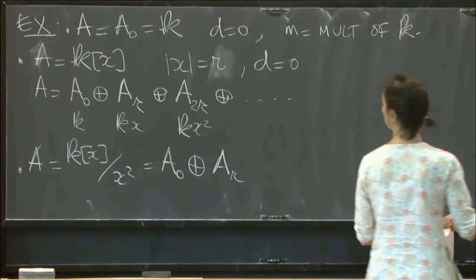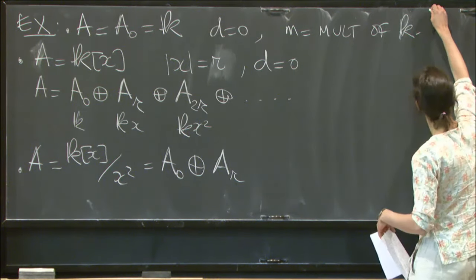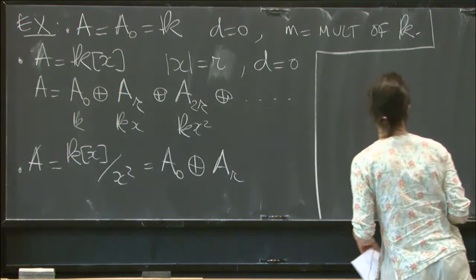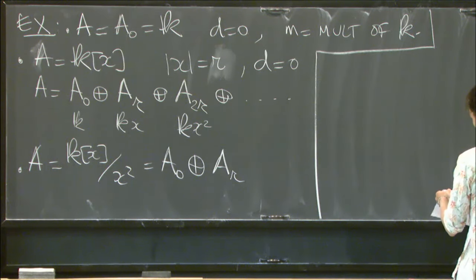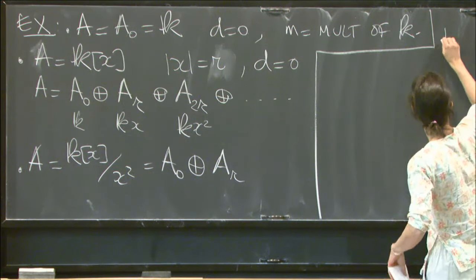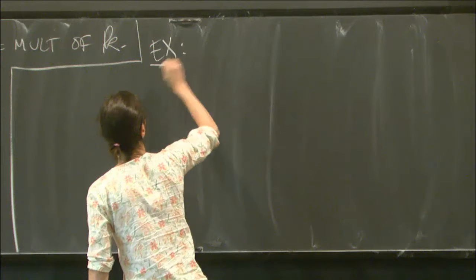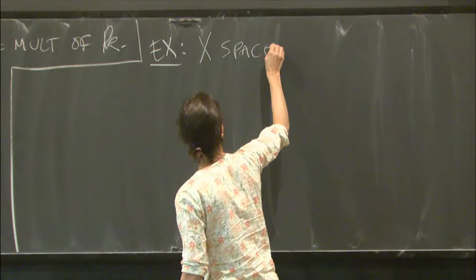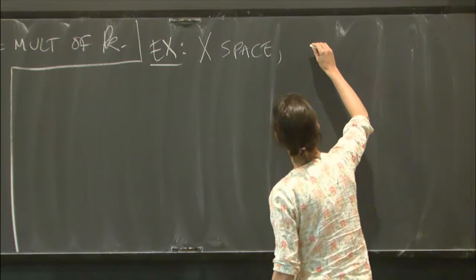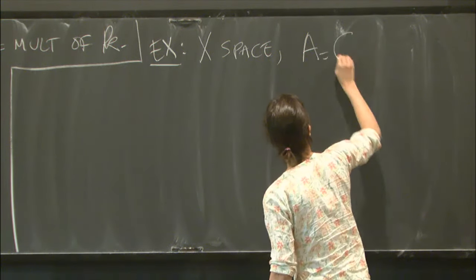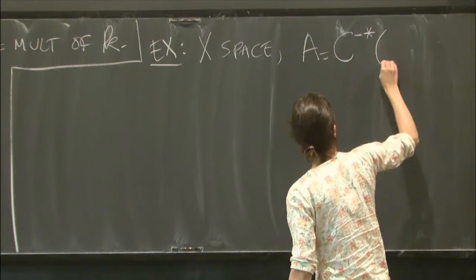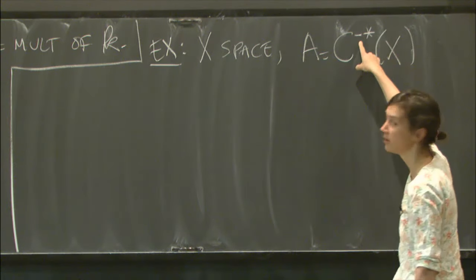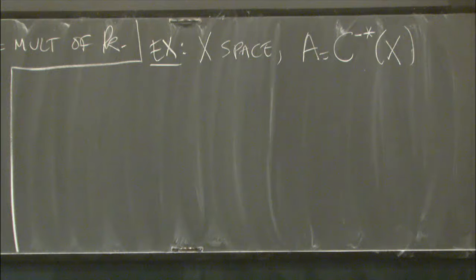Yeah. Something with a differential, maybe. If I talk about differential graded algebras, we have seen, for example, a differential graded algebra. X is a space, and I'm going to take A to be the cochains of X, but I'm going to write them backwards because my differential goes down in degree.